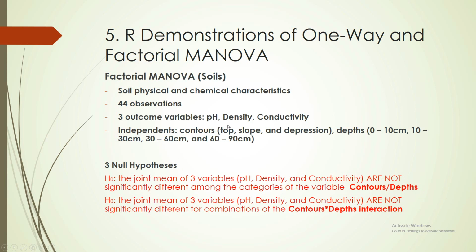And the third hypothesis is that the joint means of the 3 outcome variables are not going to be significantly different due to the combined effect of these 2 variables. So the interaction term of these 2 variables is not going to significantly influence the means of these 3 outcome variables when they're jointly looked at. Okay?